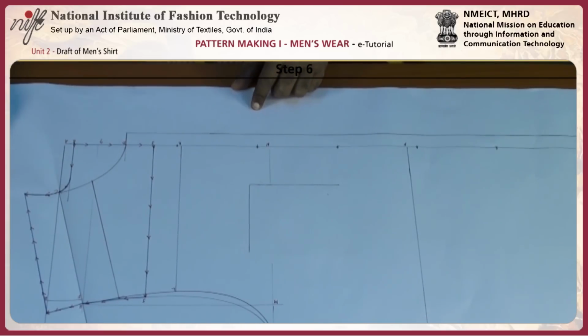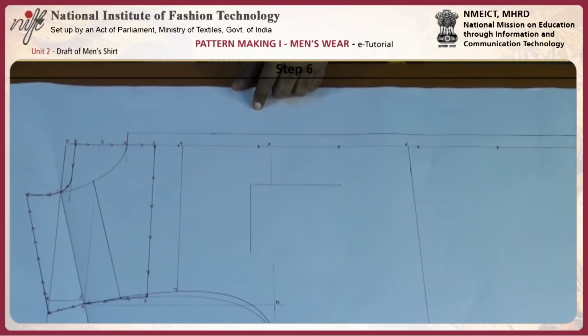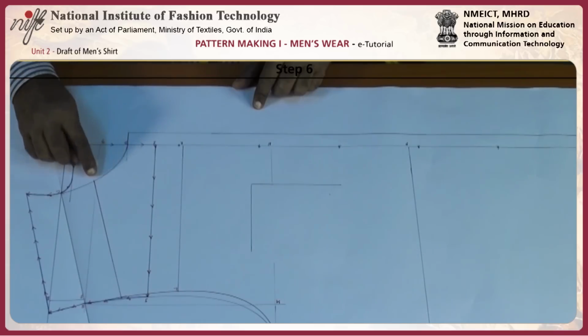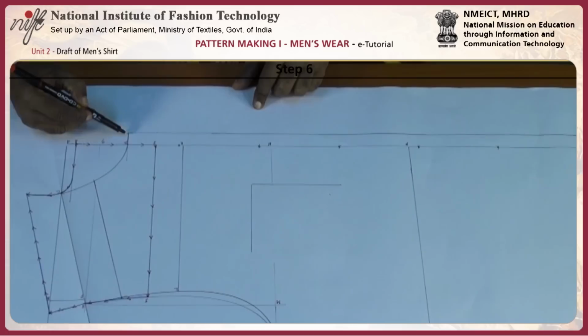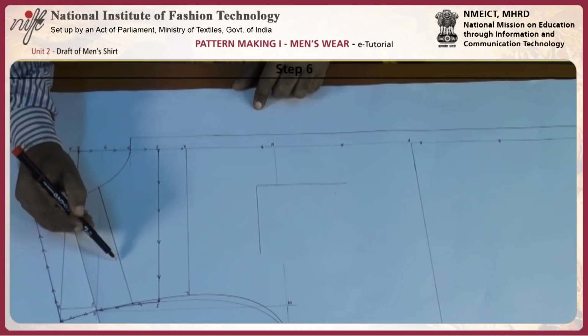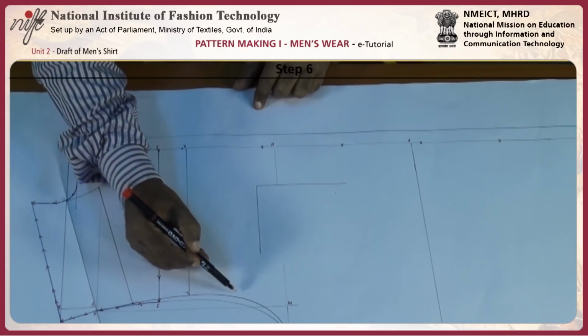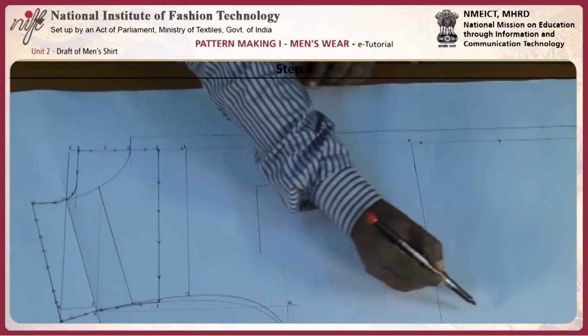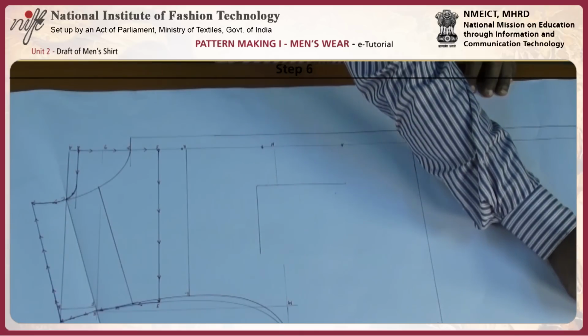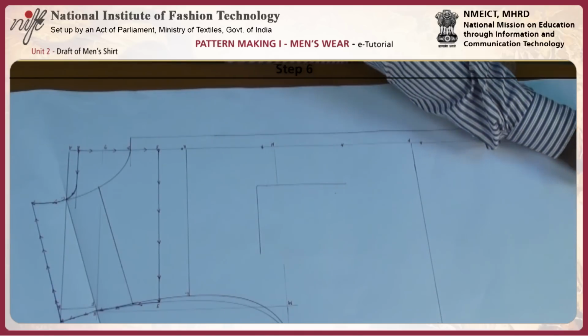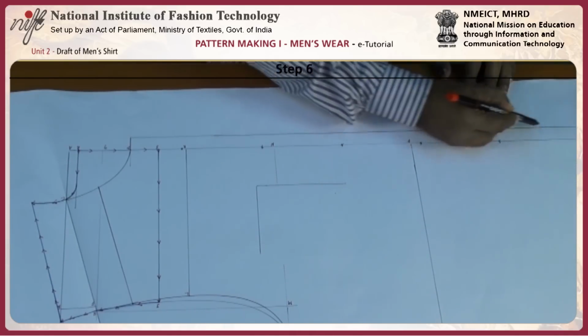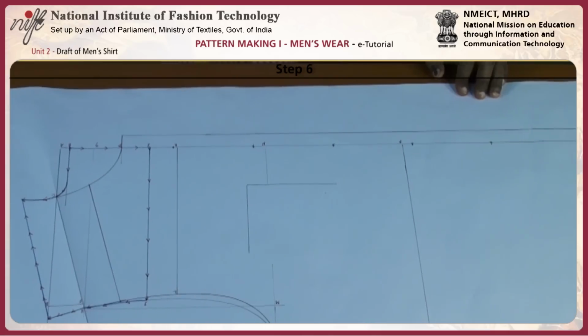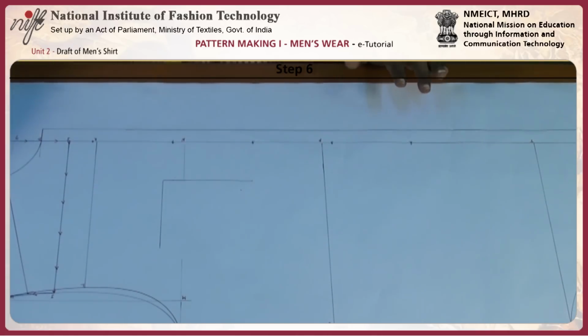Front passes through here, continues in the shoulder, then ends at the side seam, then continues to the hemline, then comes to this center front line. I'll repeat again.